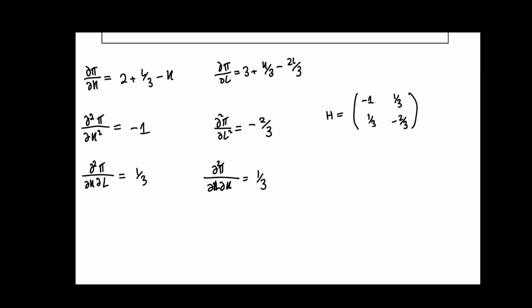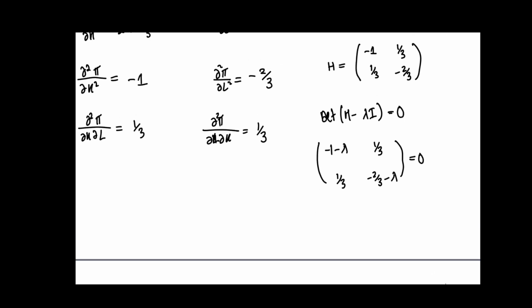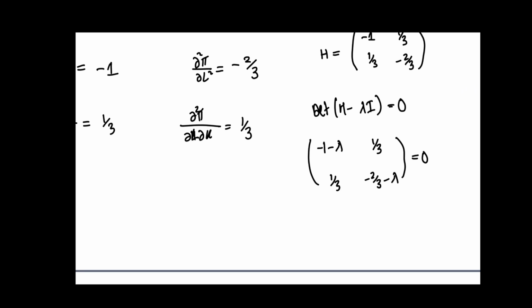If we now find the eigenvalues of this matrix using the characteristic equation, we will have minus 1 minus lambda, 1/3, 1/3, minus 2 over 3 minus lambda is equal to 0. If we find the determinant, we will have minus 1 minus lambda multiplied by minus 2 over 3 minus lambda, minus 1 over 9 is equal to 0.